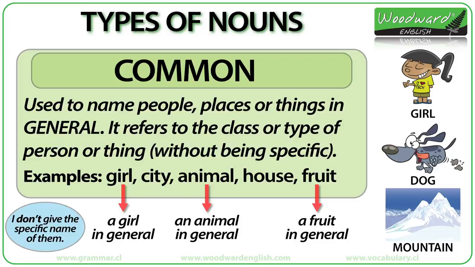It refers to a mountain in general, and again, I don't specify the name of that mountain. So girl, dog, and mountain are common nouns because it is the general name of that type of person or thing. Common nouns can be divided into smaller classes such as countable and uncountable nouns, as well as concrete and abstract nouns.